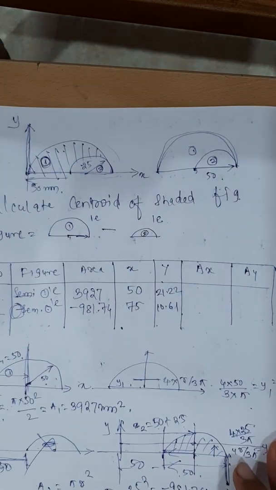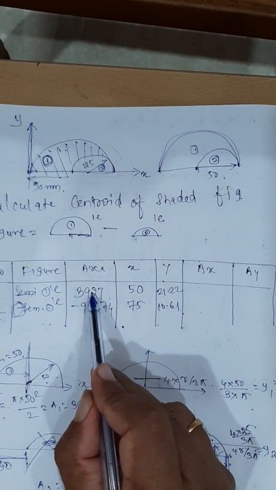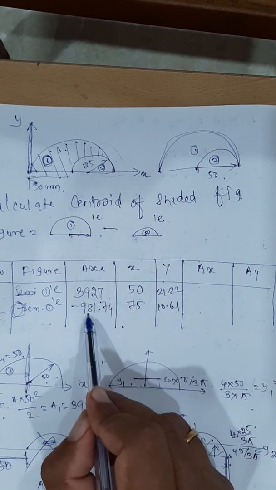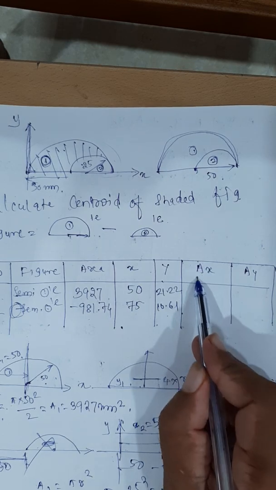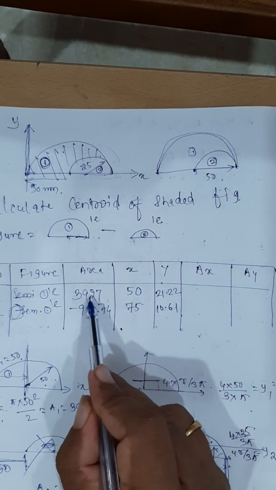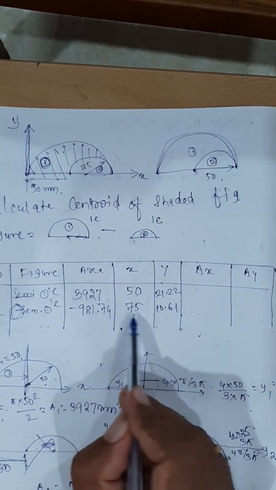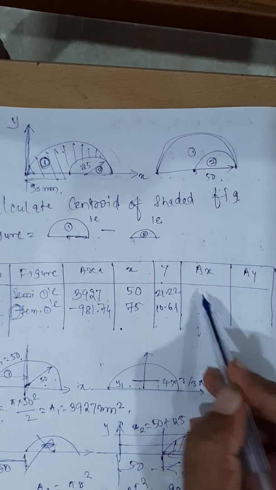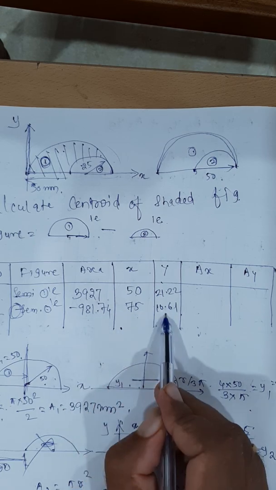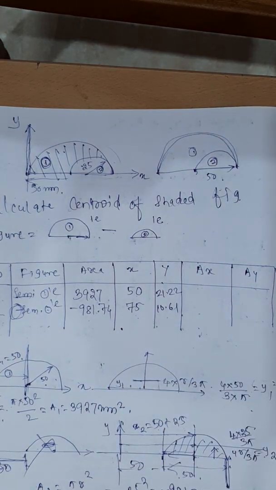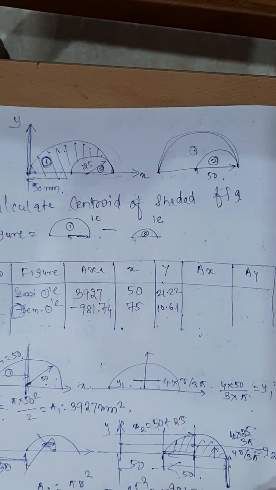Now you have A1, x1, y1, A2, x2, y2. You calculate here A1 into x1, A2 into x2, and put this in this column. Like A1 into y1, A2 into y2 here, and hence get the required numbers.